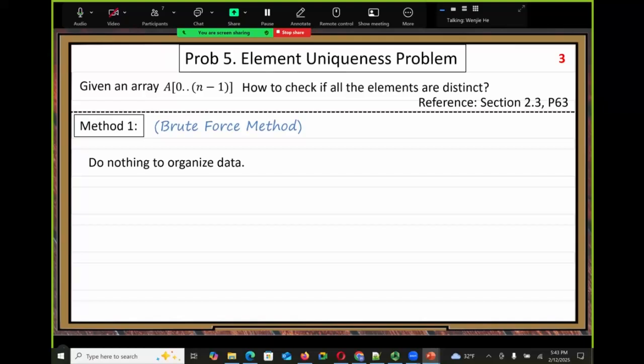We just work on the problem directly without any preparation. Just do it. Just do the work directly. Do the comparison work directly.